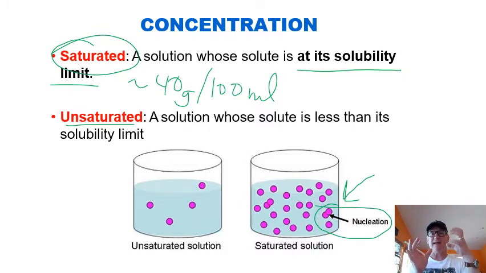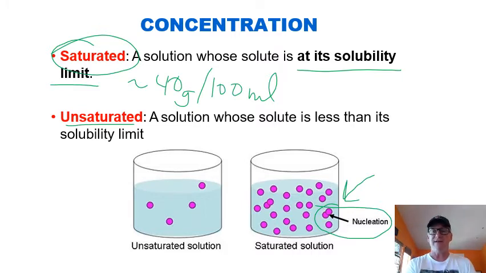Nucleation just means that a crystal will start to form at that particular spot because you've got a lot of salt molecules running around, and basically all of them are interacting with water. And basically all of the water is taken up interacting with salt molecules. There are no more bonds to form with new solute molecules.